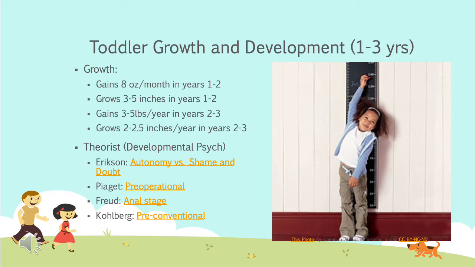Again, this is just approximate, and everyone's going to have their own growth pattern. And we're going to talk a little bit later in the lecture about charting the growth for height and weight in a CDC chart.